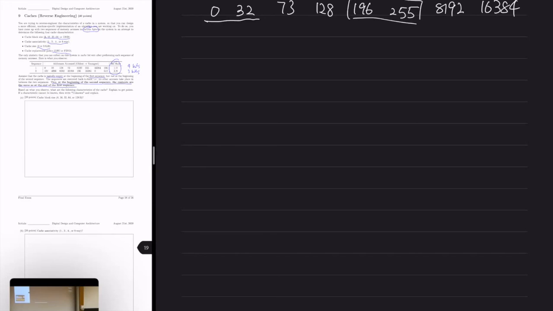That's only 2 hits. So we only have one option left, which is 128 bytes. Let's also verify that. For that, we would have a hit here, a hit here.